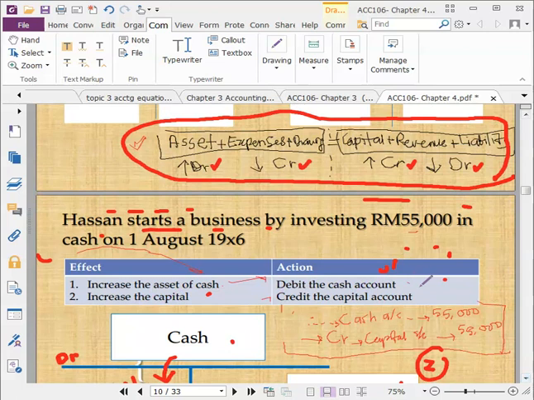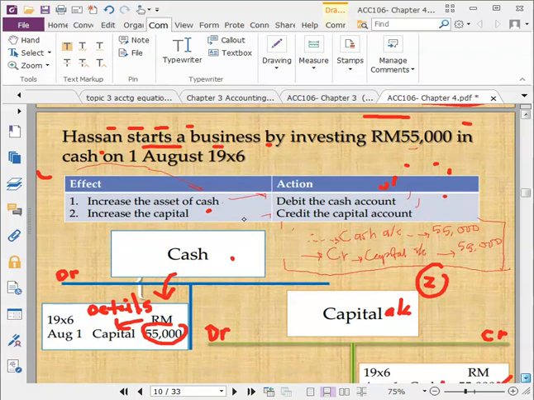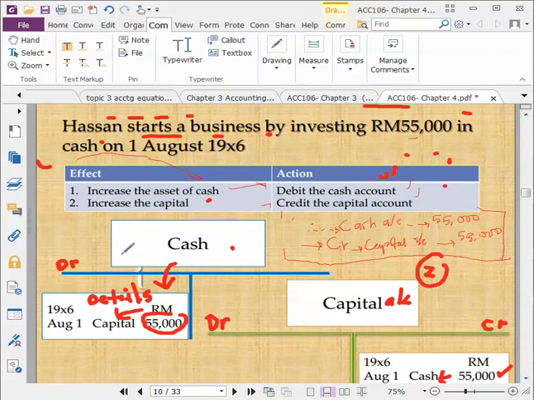So you already know what a double entry is, and then let's move to the T account. We have the cash account, and on the debit side, we have capital, cash debit 55,000. The detail here is capital.